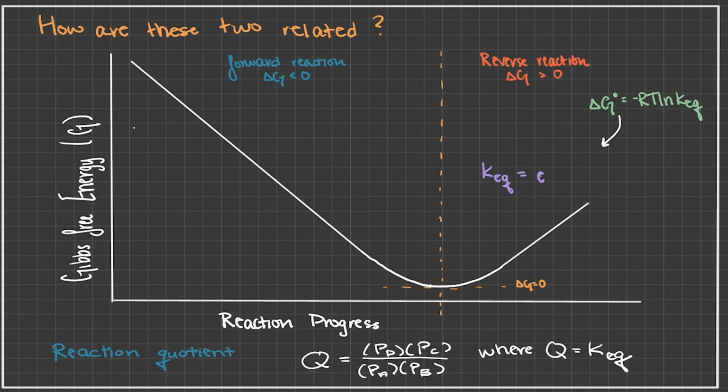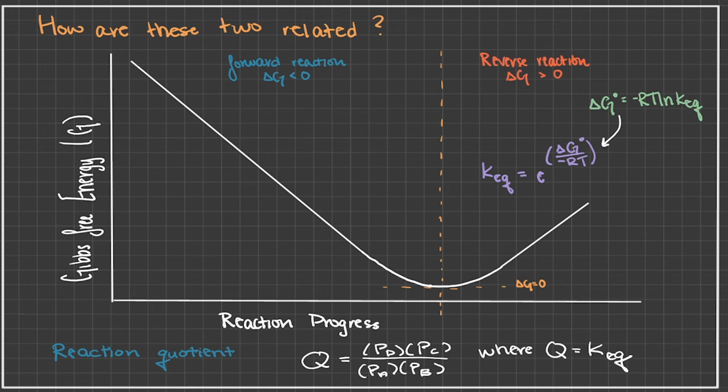Now we can actually switch up this entire equation in order to find KEQ with the same values. So say you have KEQ and you want to find delta G. We can change this to make it equal KEQ so you can find that value.